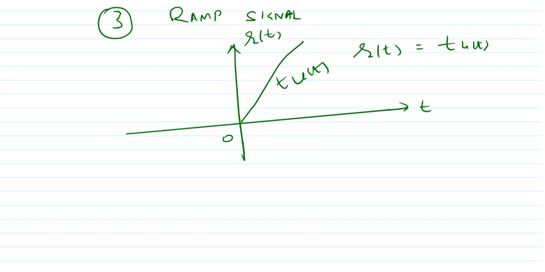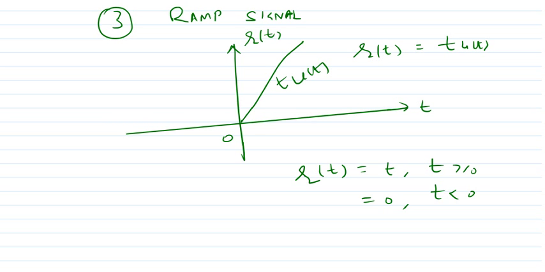It can also be represented as r(t) equals t for t greater than or equal to 0, and 0 for t less than 0. So these are some basic signals.